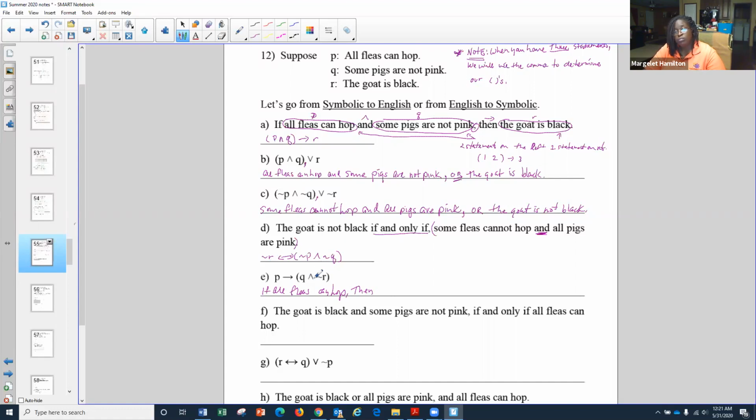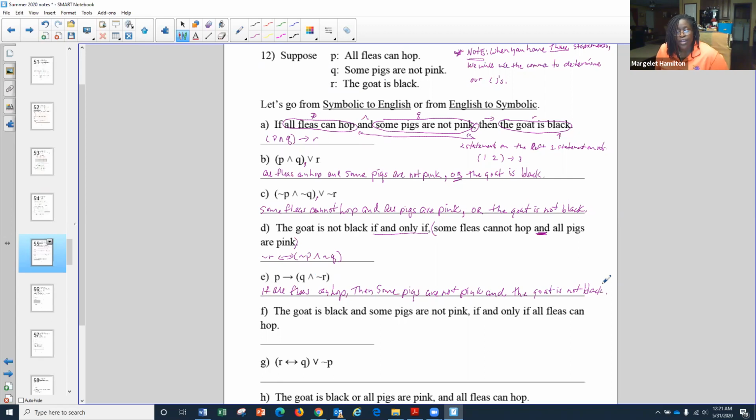Q. Some pigs are not pink. And negation R, the goat is not black.